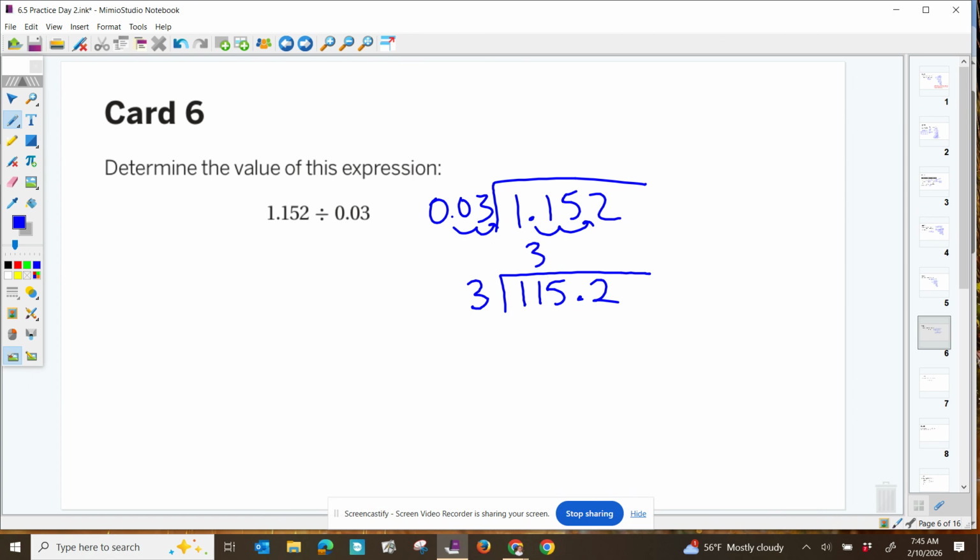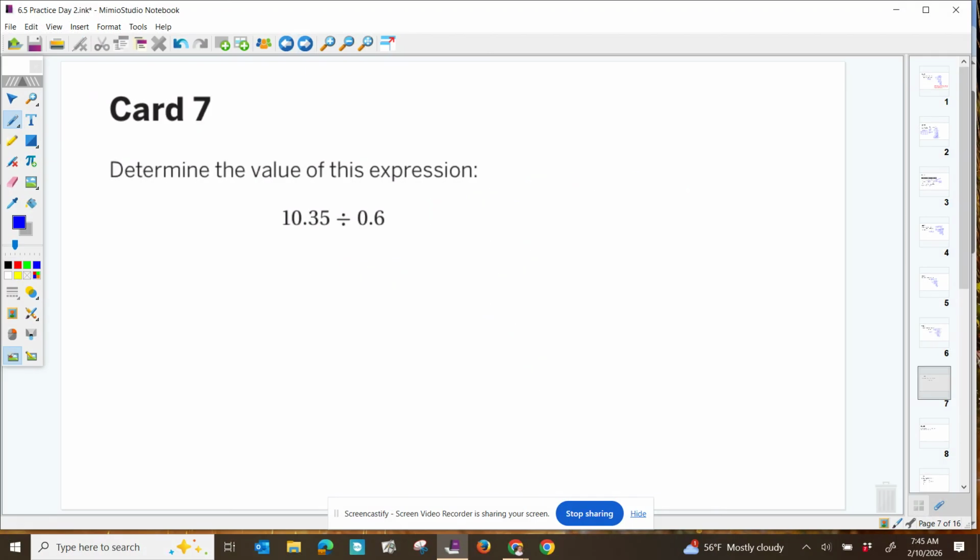Goes in there 3 times. That would be 9. Subtract. 25 would be 8 times, would give me 24. 1, bring down the 2, and that's 38.4. If it was money, it'd be $38.40, but just 38.4.